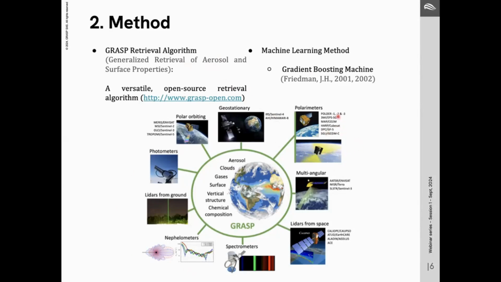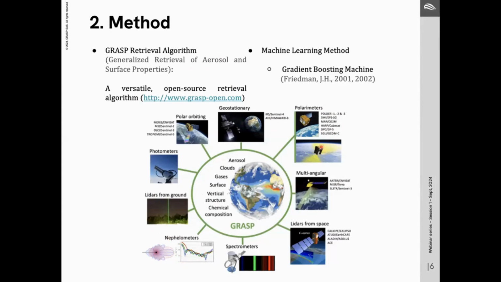You can see it has been applied to polder data, to AHI imager on board of the geostationary satellite Himawari 8. We also applied it on the LiDAR data from the ground or from space. And in our study, we use GRASP to retrieve aerosol properties from integrating nephelometer.